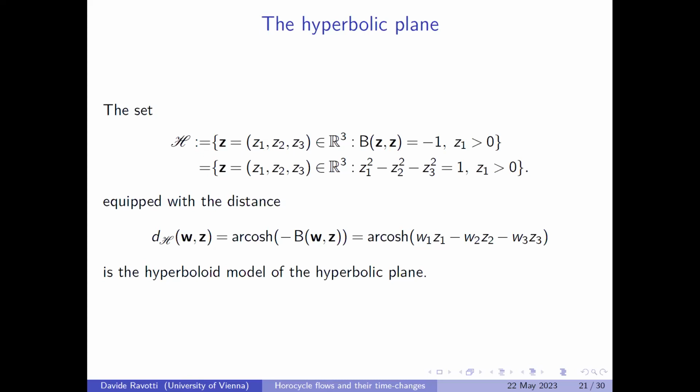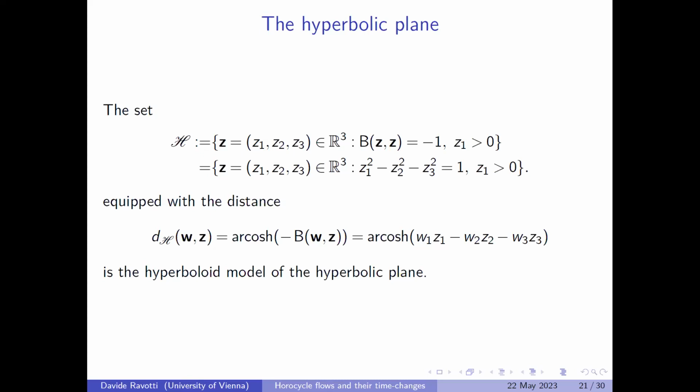So this set over here, if you keep it with this distance, so the distance of the points being the arc hyperbolic cosine of this quantity here, it's a model of the hyperbolic plane. It's the hyperboloid model of the hyperbolic plane.